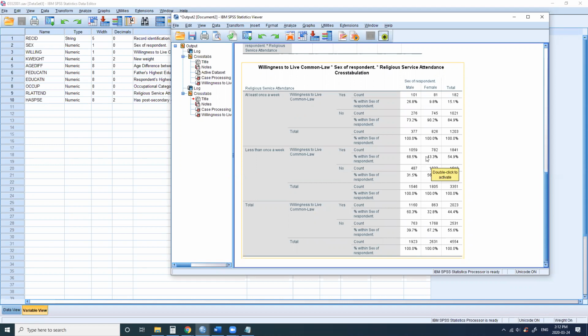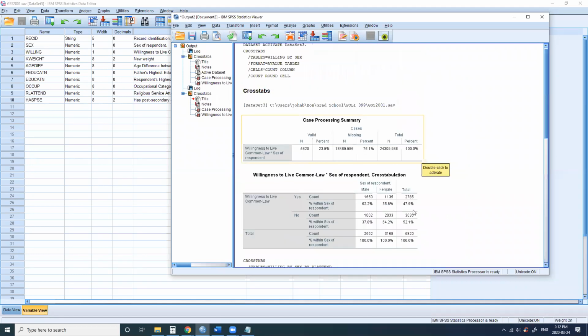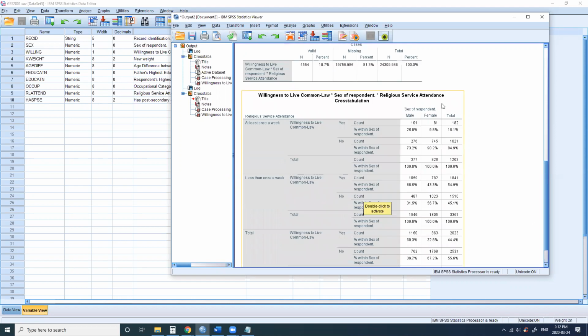So we see that the size of the gap has changed. There was a gender gap of 26 points. There still is a gender gap once we control for the effect of religious service attendance. But amongst the religious, those who attend religious services at least once a week, the gender gap has decreased from 26 to 17 points.